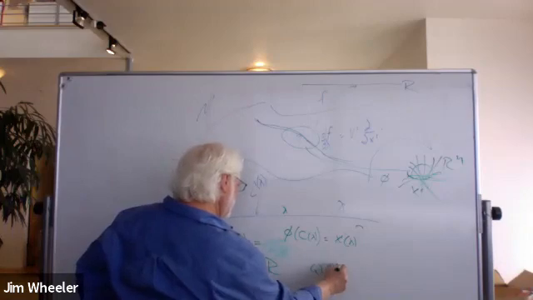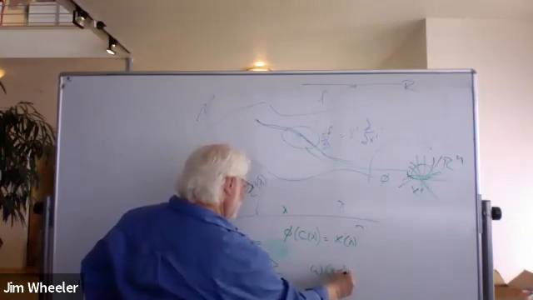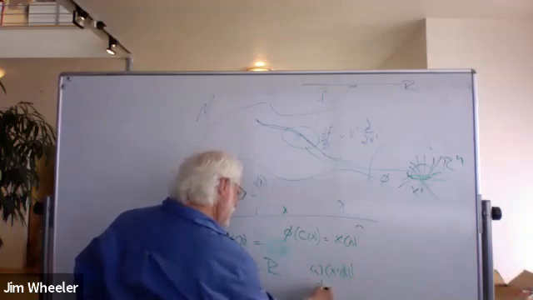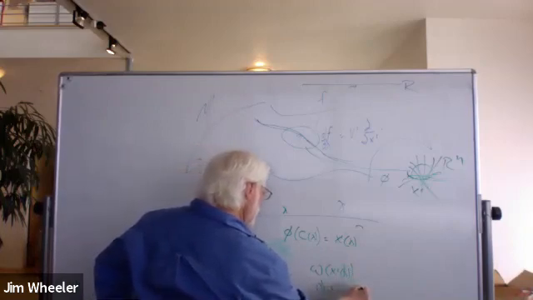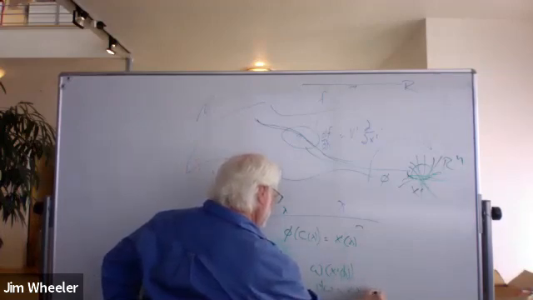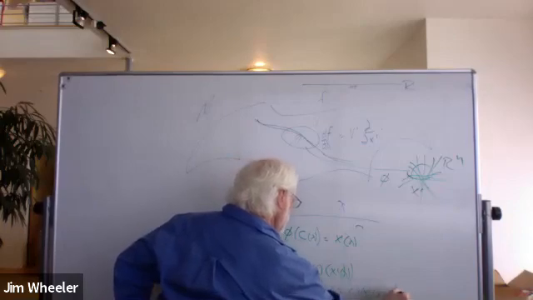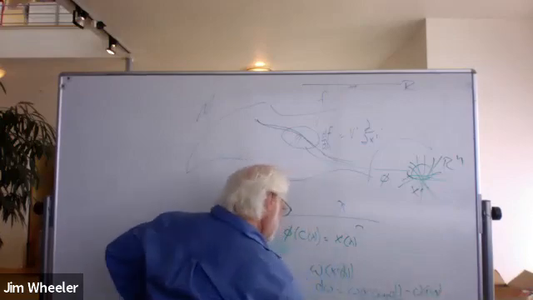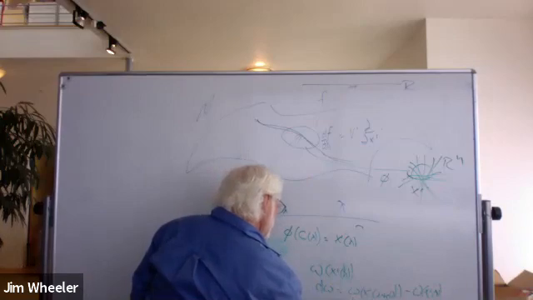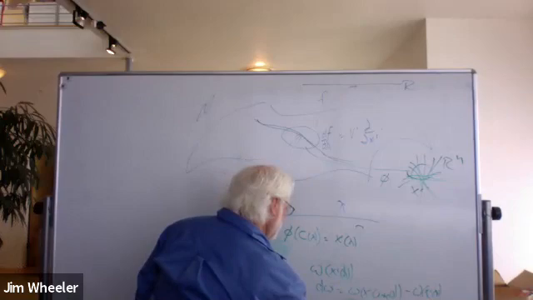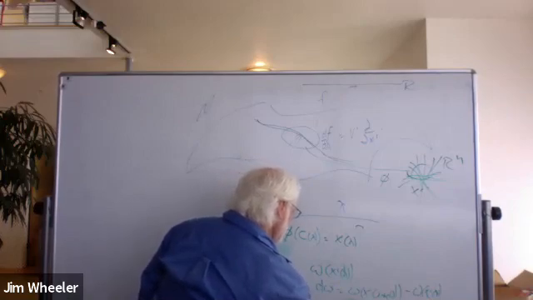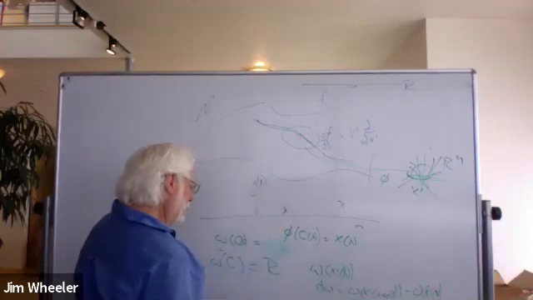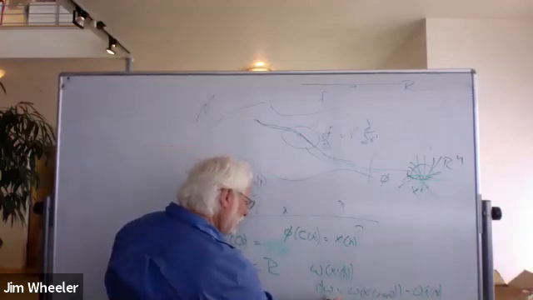If I'm thinking of that as omega of xi of lambda, I can think of a small change in this as omega of x of lambda plus d lambda minus omega of x of lambda, and that's just d omega dx, dx d lambda, d lambda. Yep. So it's a differential here.